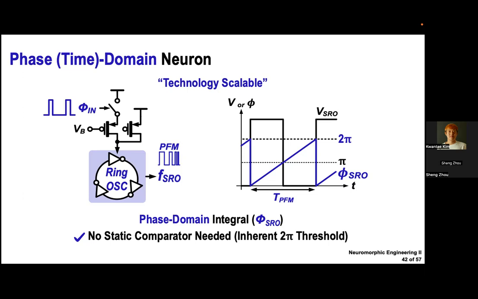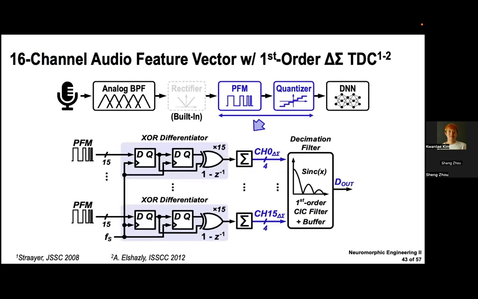This is a phase-domain integral-based one. The phase signal is always integrating, and when it touches the 2-pi threshold, it fires, and the phase signal is reset to 0 and integrates again over time. The most important thing I want to address is that it doesn't require any static comparator because it has an inherent 2-pi threshold, which is a very nice advantage over the integrate-and-fire voltage-domain design.